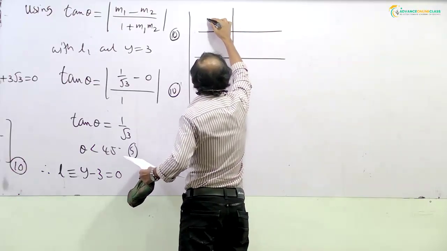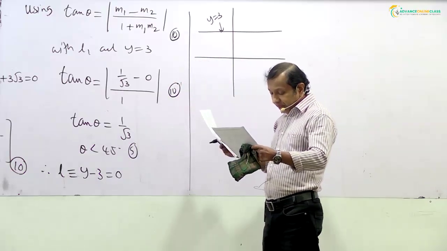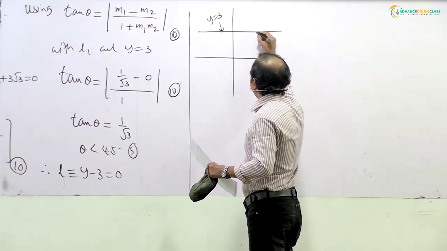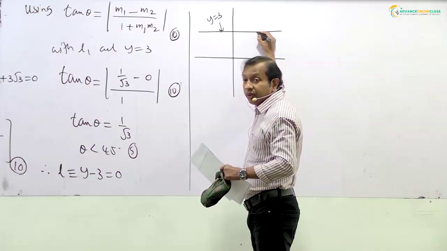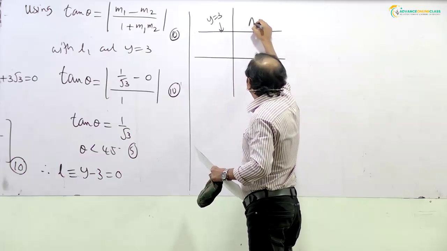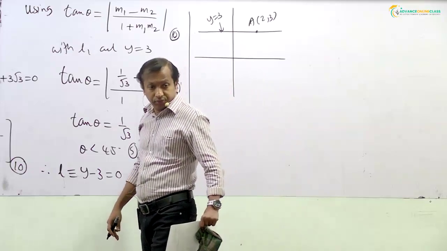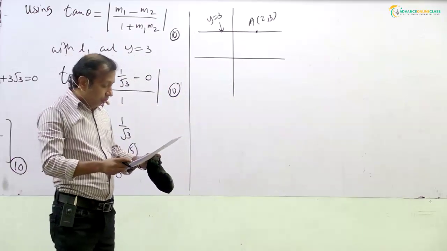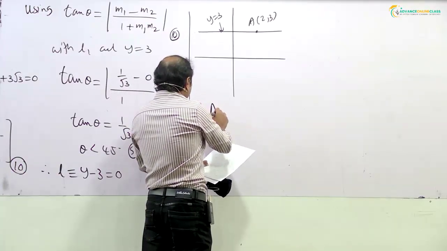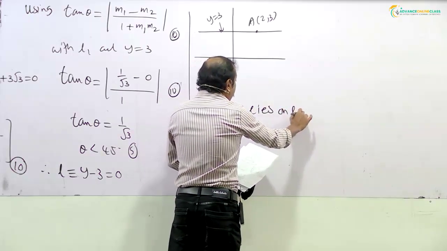Now I'm asking to show that on this line, point A 2, 3 lies. Any point on this line has y coordinate 3. Therefore, point A, if we take 2, 3, this point is also on the line. Therefore, A 2, 3 lies on L.